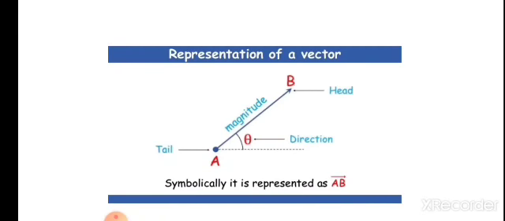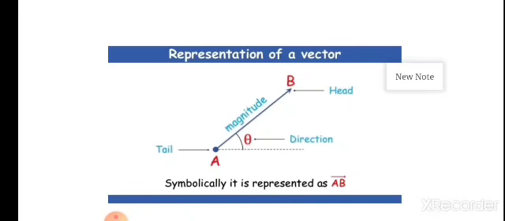Analytically, a vector is represented by a letter with an arrow over it, as vector AB. The magnitude of the vector is denoted as the modulus of vector AB, or AB.